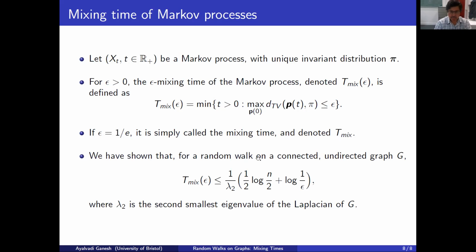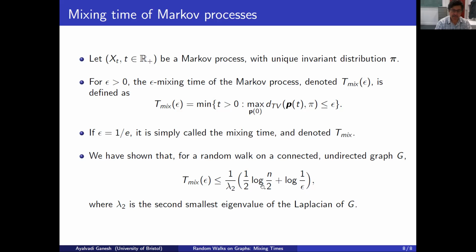Okay, and what we have shown is that if our Markov process is a random walk on a connected undirected graph, its mixing time grows like the reciprocal of the second smallest eigenvalue of the Laplacian. That's the most interesting and important term in this expression.